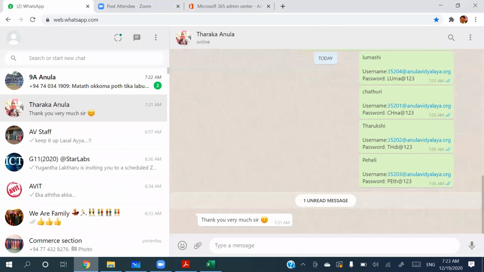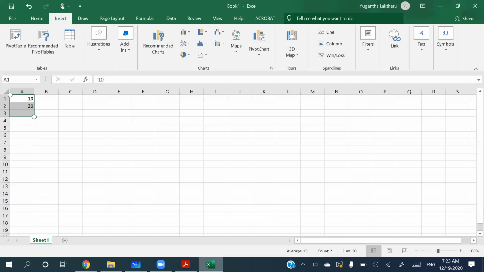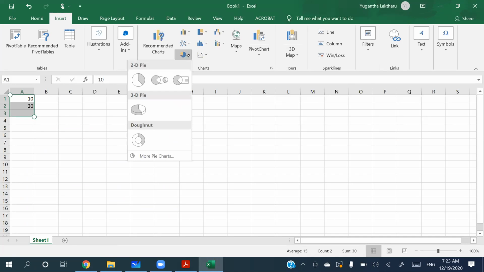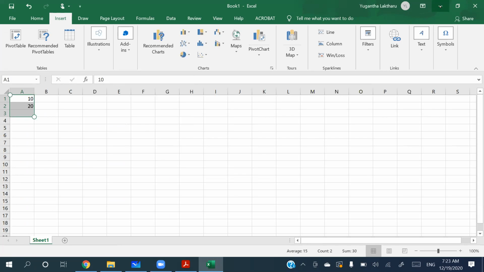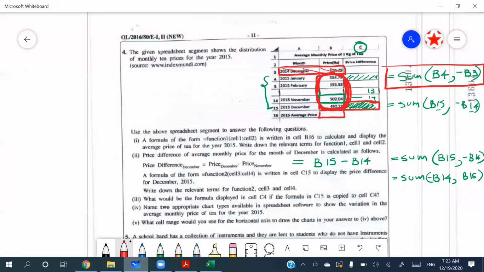And why is the pie chart not suitable for this? Because they are asking about the variation. We can apply a pie chart for this particular range, that doesn't matter because it has one particular range, but the variation cannot be easily seen through the pie chart.